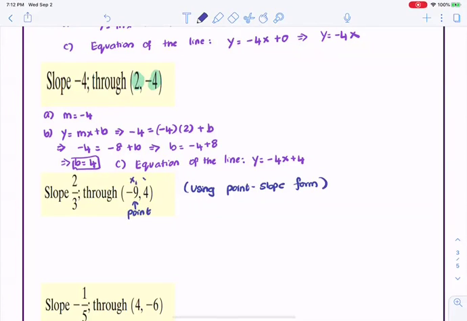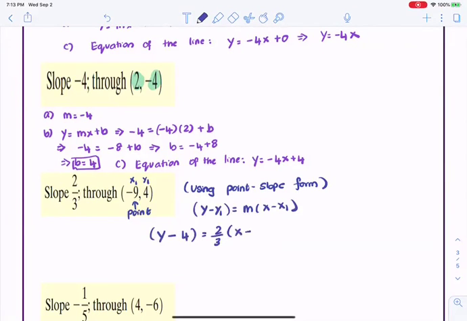I'll call it x1, y1. The slope is given to us, and we know y minus y1 is equal to m times x minus x1. That is the standard point-slope form. So y minus y1 is 4 equals m is 2/3.